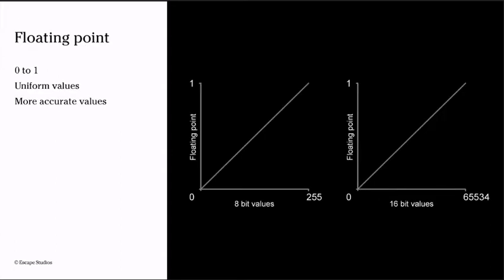Working in floating point. Whereas we discussed 8-bit per channels giving 256 different values as a starting point, the equivalent in float would be a 0 to 1 range, but you'll be working to at least 5 decimal points, which gives you much greater accuracy. So if you imagine there was a value in between, like a value at 100.5 in an 8-bit scale, then that would get either rounded up or down.